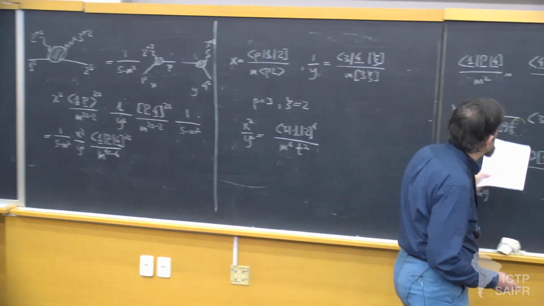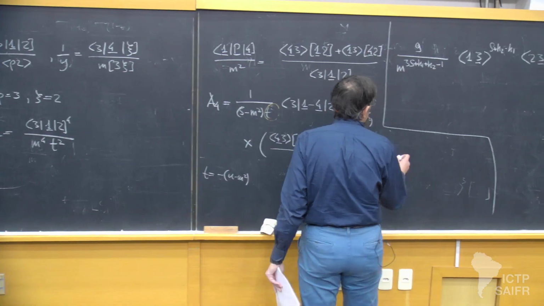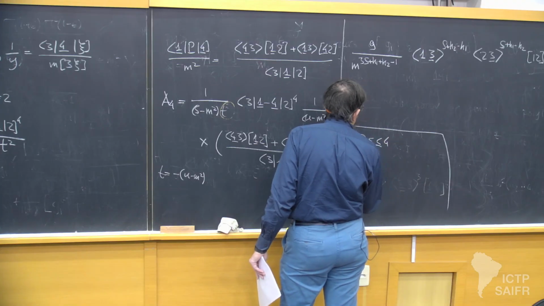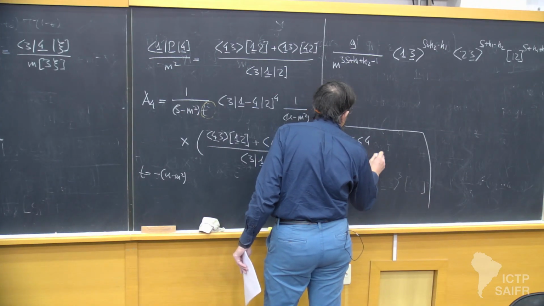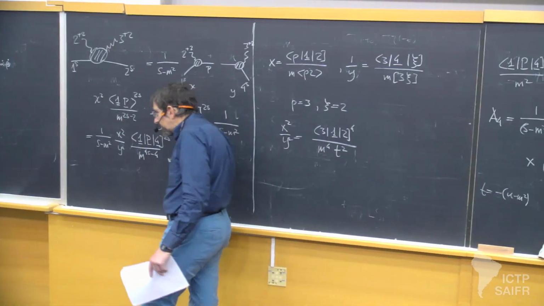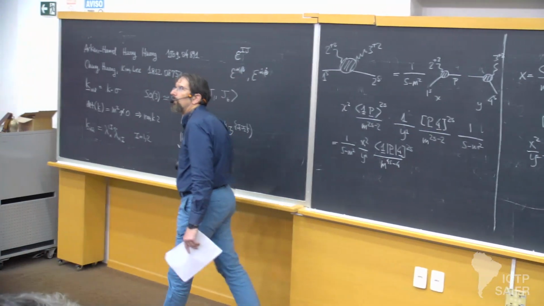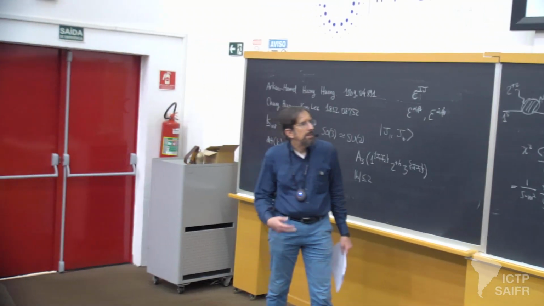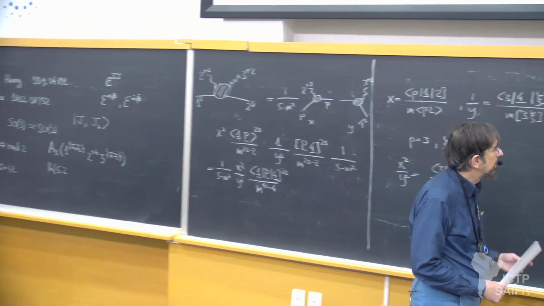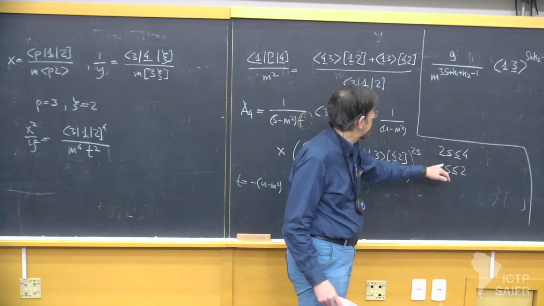And so this ansatz is actually perfectly fine as long as 2s is less than or equal to 4, or s is less than or equal to 2. That is, if the massive particle has spin 2 or less. But in many applications, you want to consider higher spin.